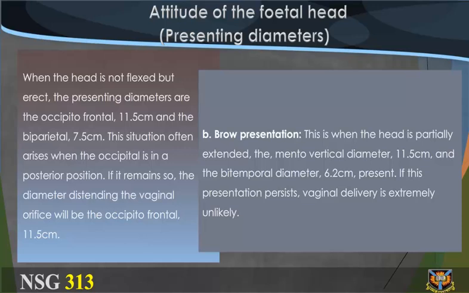B. Brow presentation. This is when the head is partially extended, and the mentovertical diameter, 11.5 cm, and the bitemporal diameter, 6.2 cm, present. If this presentation persists, vaginal delivery is extremely unlikely.